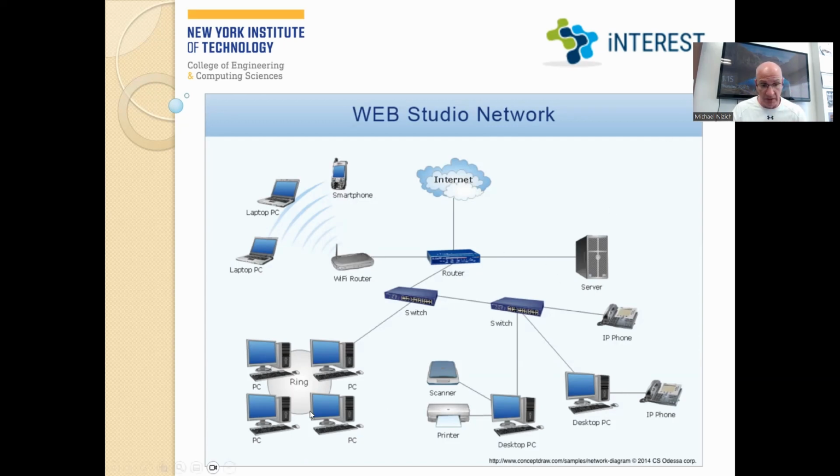So when you look at something like this, when you have this local area network over here that connects to a switch, and then it connects to all these other workstations here, and you have a server, and you have a wireless router, and you have a smartphone, and you have laptops, right? This area here with wireless, right? That is a vulnerability. How is that data being transmitted? Because everybody in the world can see that.